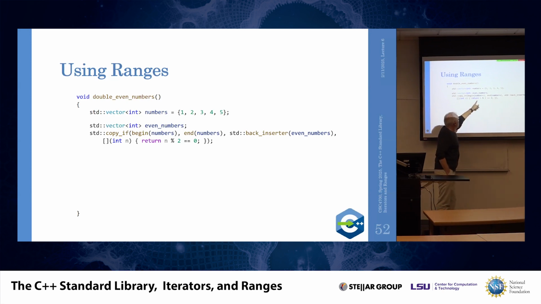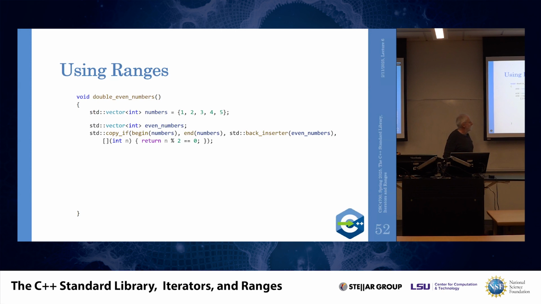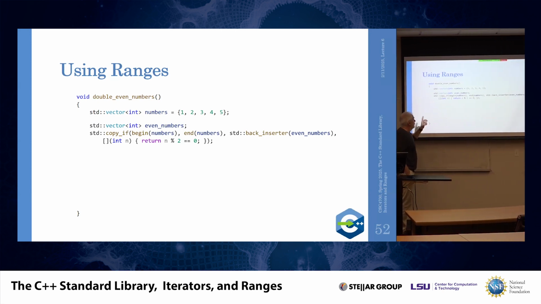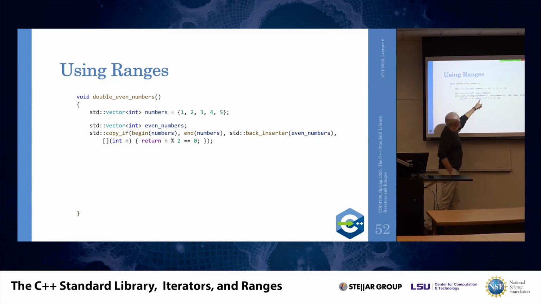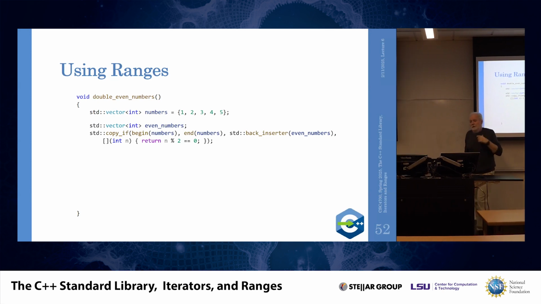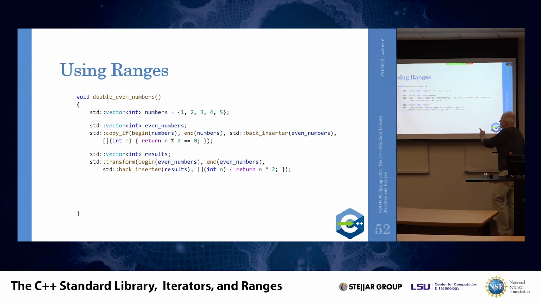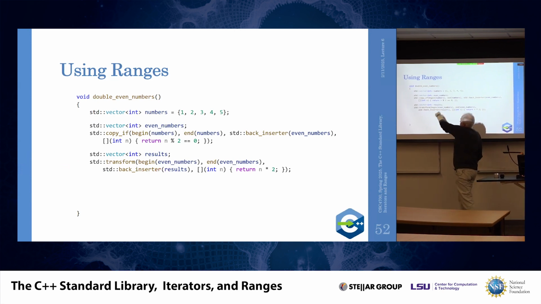And the criterion is copy things if it's even. When that predicate returns true, then the input value will be copied to the output. If that predicate returns false, the value will not be copied. So we have now a sequence of even numbers in our vector.